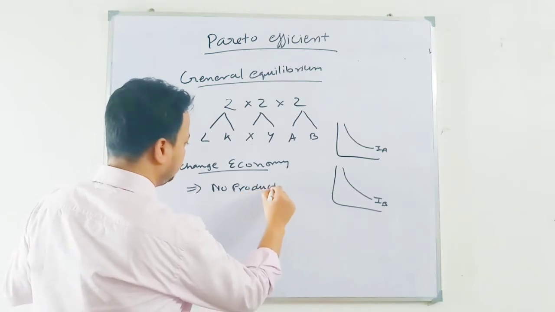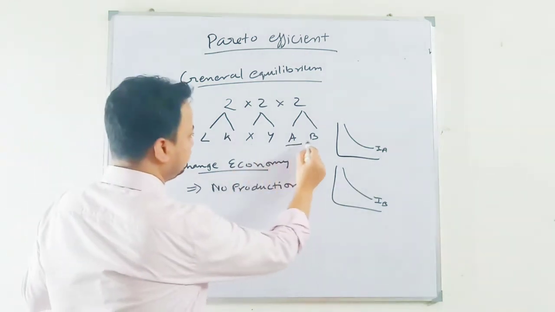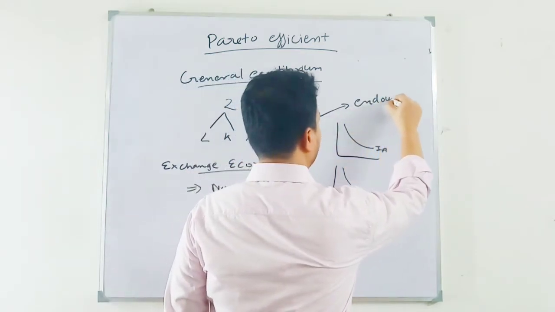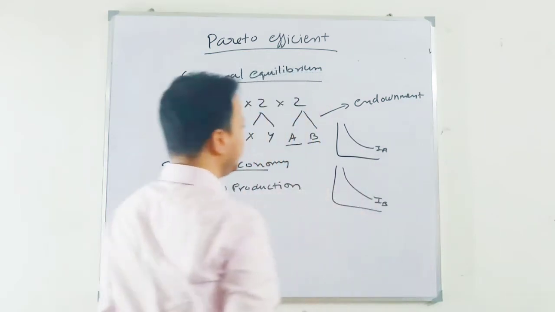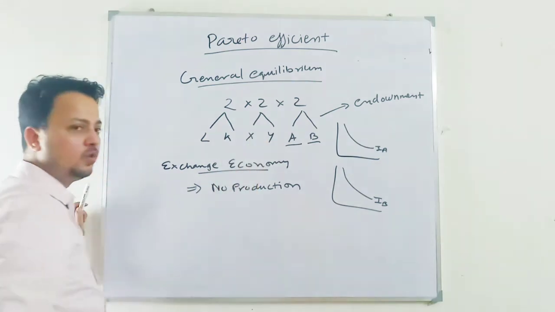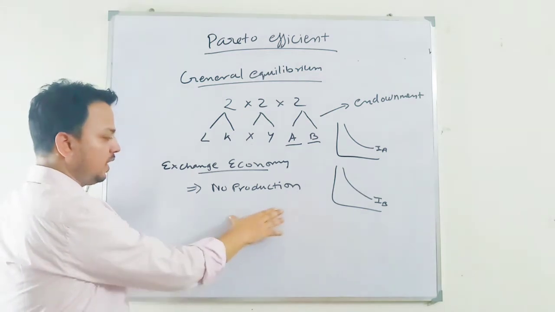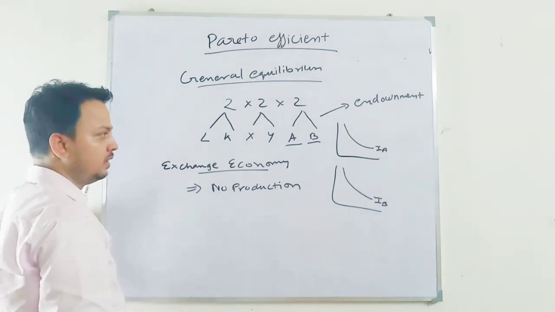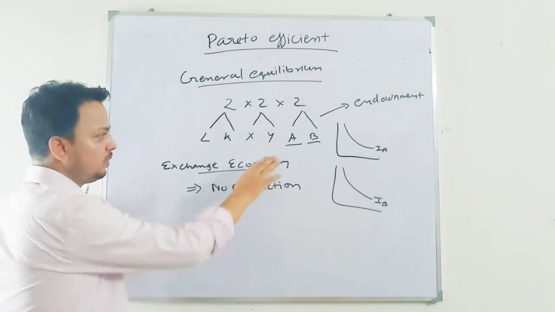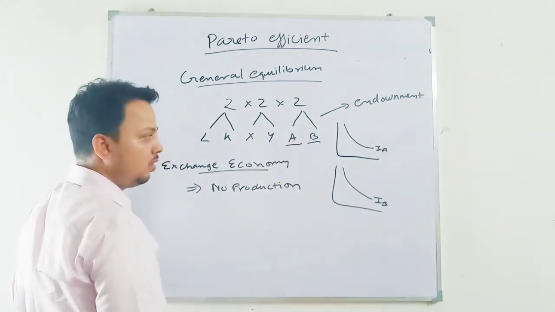Our consumers have endowments. Initially we give A and B some quantity of good X and some quantity of good Y. If they are not satisfied with what we give them, we will see how they trade, and whether it is possible to make both better off, or at least one of them better off, or whether it is not possible at all.